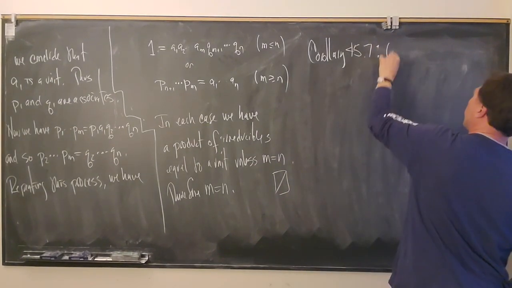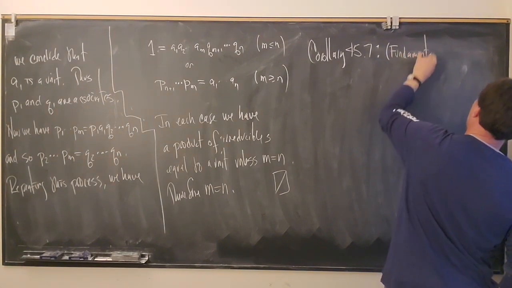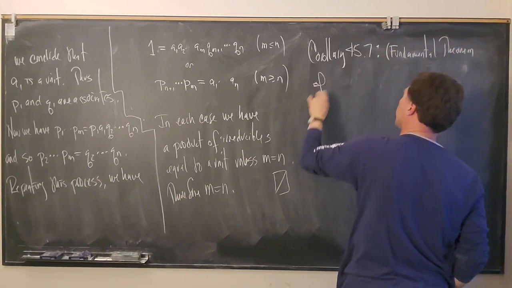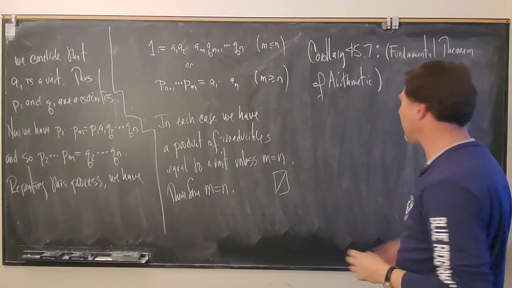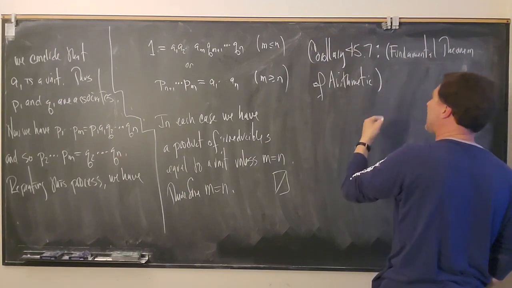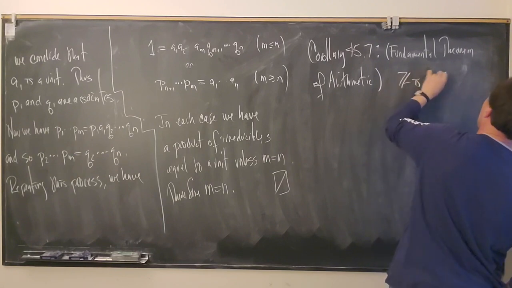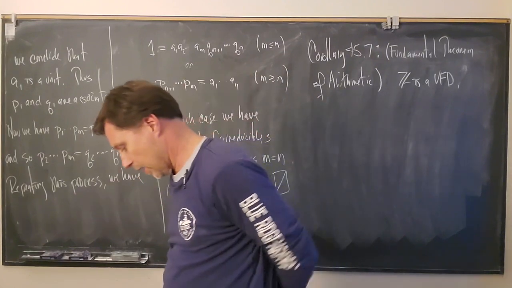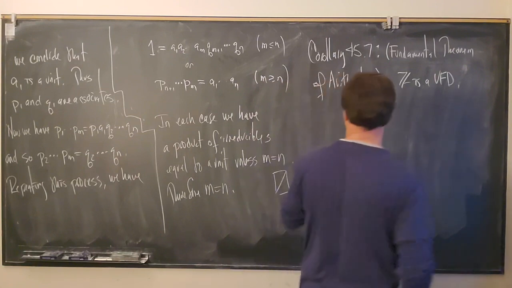It's called the fundamental theorem of arithmetic. And in our more advanced language now, the way we can state the fundamental theorem of arithmetic is that Z is a unique factorization domain. And the proof, this is just from an earlier example, we showed that Z is a PID.